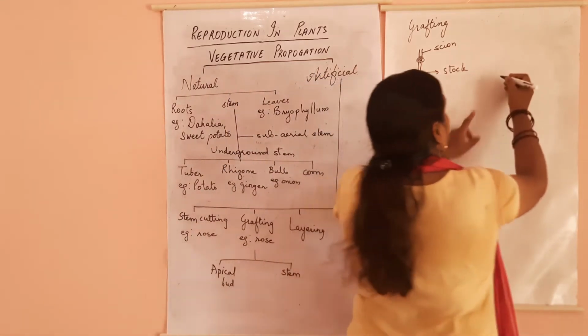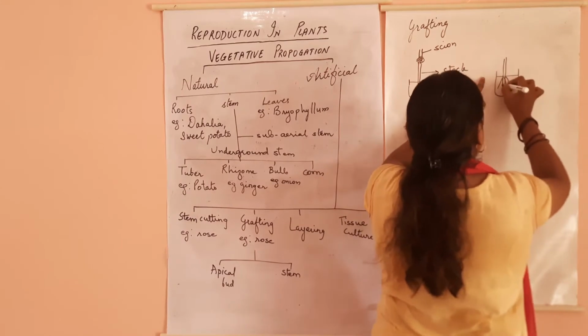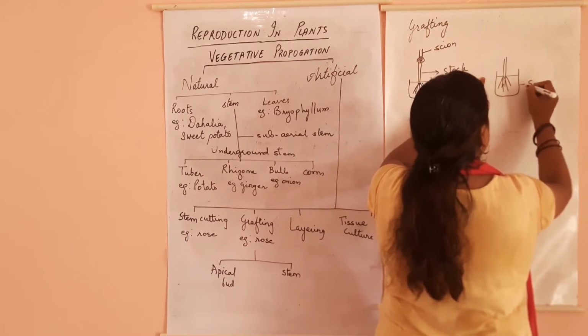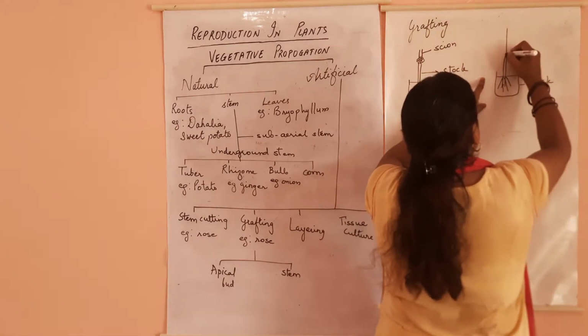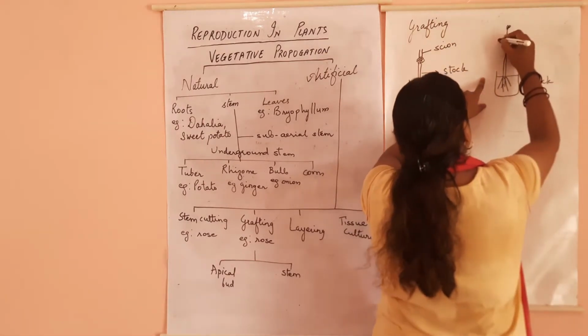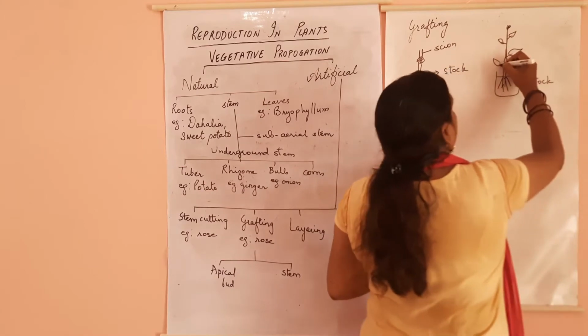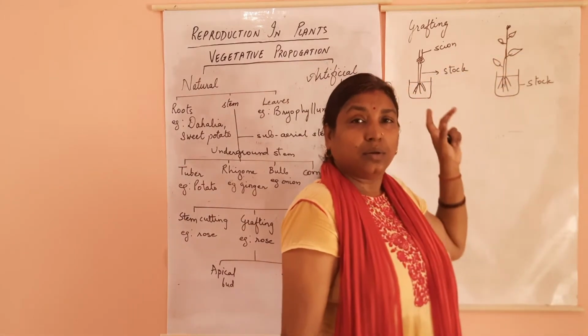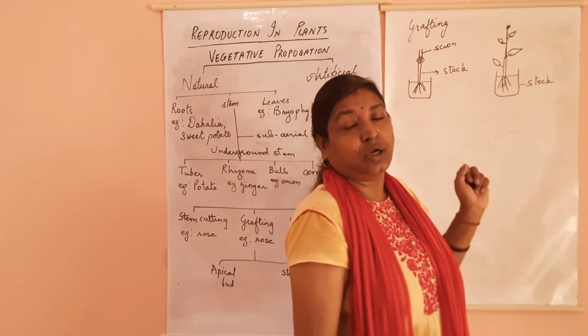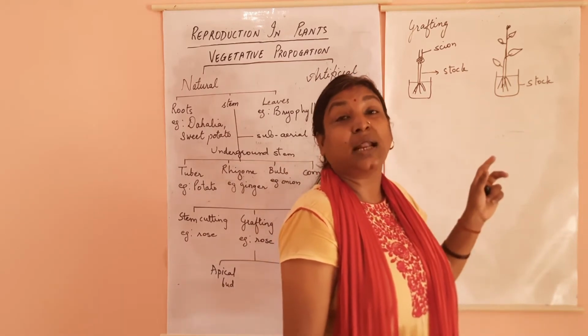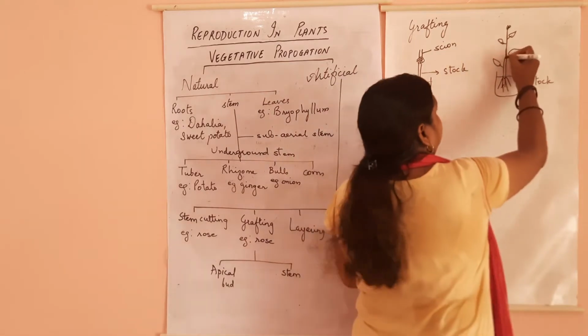Now coming to apical bud. So this is your potted plant, what we call it as stalk. This is your full plant. This is your entire plant. Now in plants, what we see, there are nodes and internodes, and at the nodes there are axillary buds.